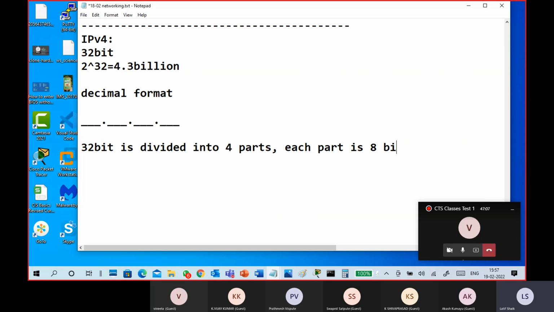Each part is 8 bits, called an octet. Octet means 8 bits.